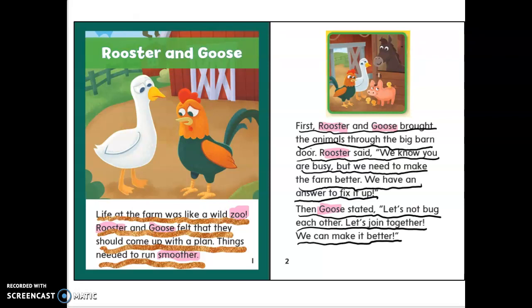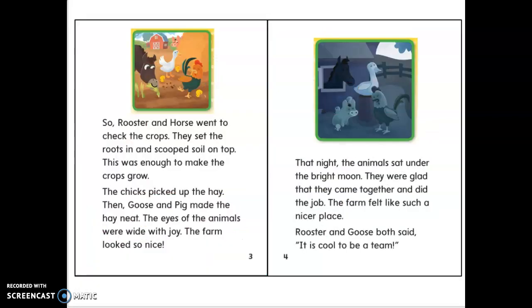Now, these stories are also found in your phonics packet if you want to read them by yourself later. The last two pages. So we have rooster. There in horse we have the or sound. Let's see, we have scooped and roots. Let's see, goose. Okay, let's read it together. Ready? Read. So rooster and horse went to check the crops.